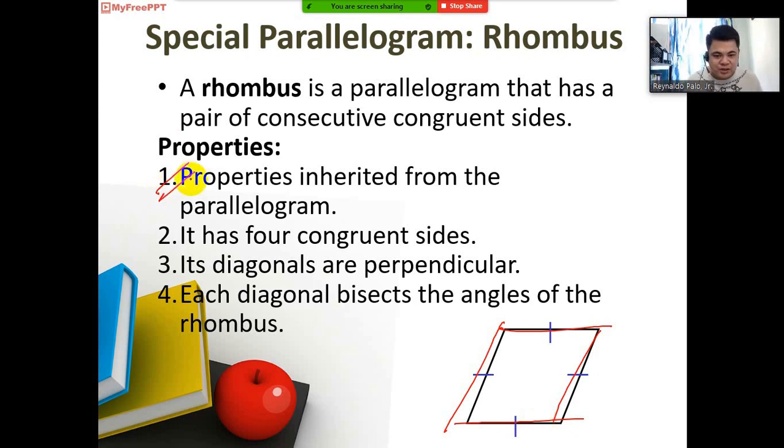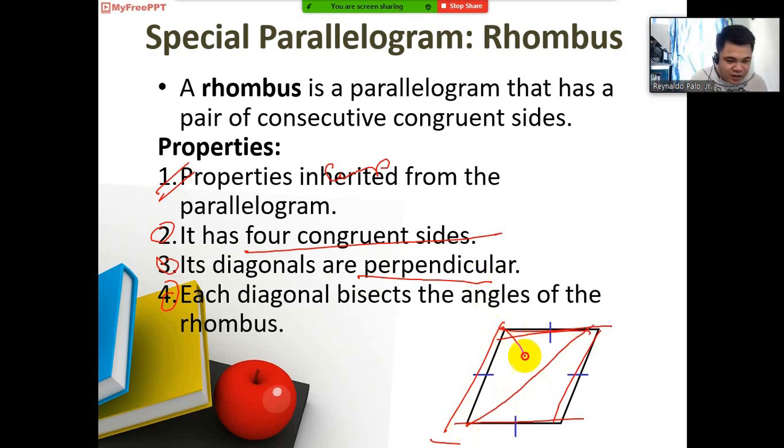Other than the 6 properties that we have, we also have 3 other properties. First, it has 4 congruent sides, just like in the illustration. Second, its diagonals are perpendicular. When we say perpendicular, at the intersection you form right angles.